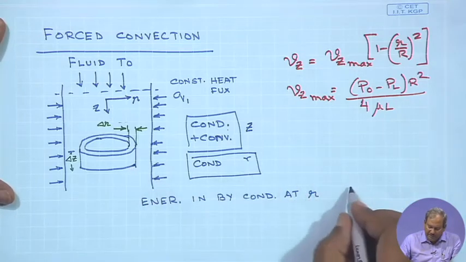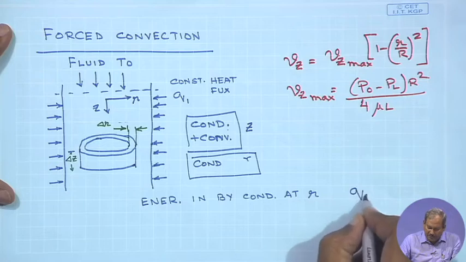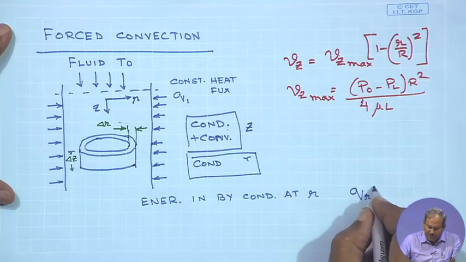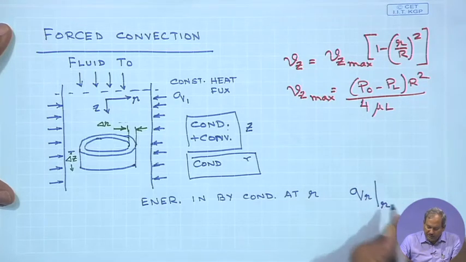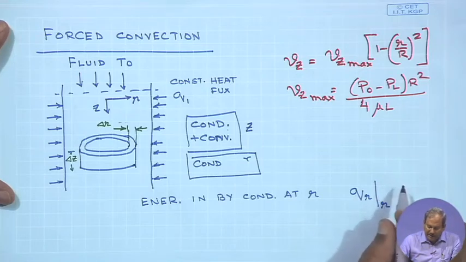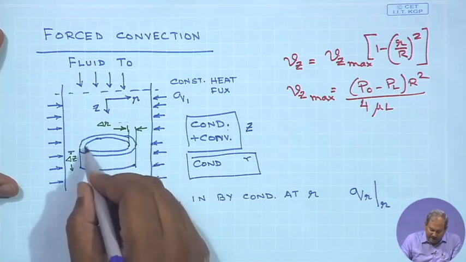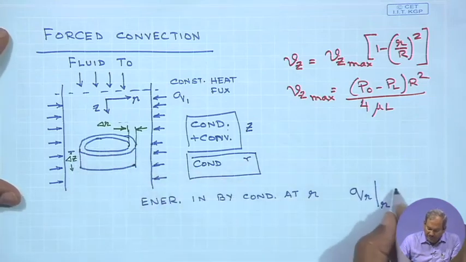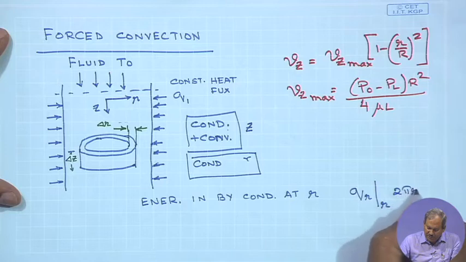So the energy in by conduction at r, if I take the flux to be qr, evaluated at r, has to be multiplied by the area. It's going to be the inside area of the annulus, which would simply be equal to twice pi r times delta z.